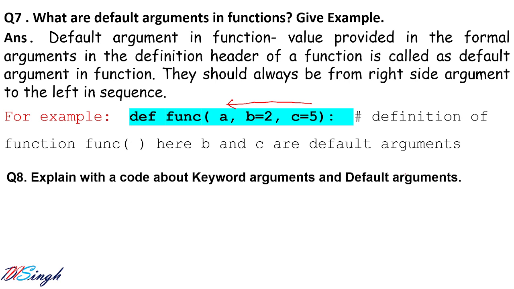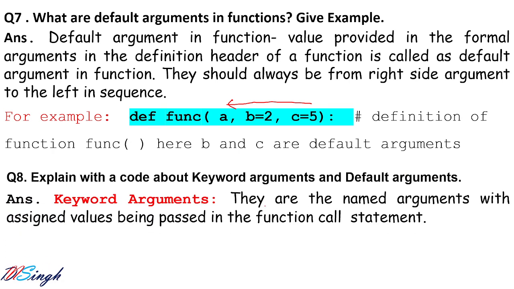Explain the code about the keyword argument and default argument. Okay, fine. Keyword argument: these are named arguments with assigned values being passed in the function call. I told you that at the time of function call we are going to use the same parameter names. Like if I use this function with keyword arguments, what I can do at the place of the function call is A equal to 20, C equal to 3 and B equal to 8.